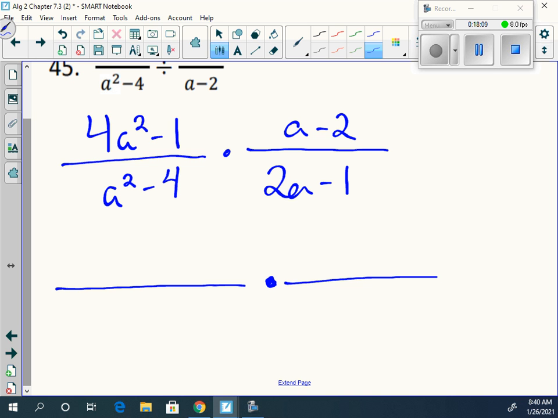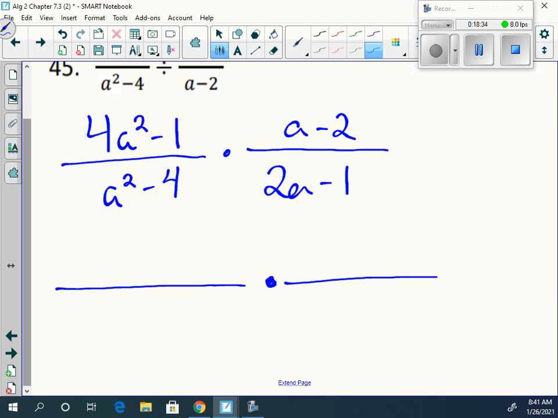Now, for this first one here, we have 4a squared minus 1. That's actually not too bad to factor. Because what kind of special factor is it? Or special factors does it have? It is a difference of perfect squares, because 4 is a perfect square. Well, a squared is also a perfect square. 4a squared is a perfect square. Is 1 a perfect square? Well, yes, it's a perfect anything.